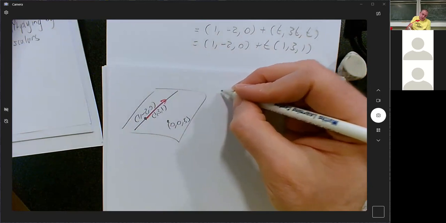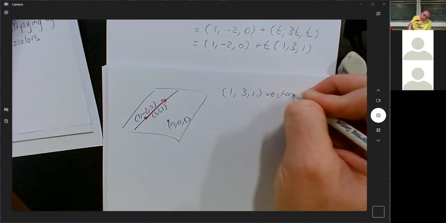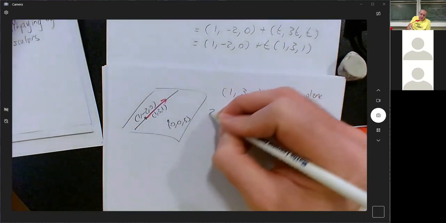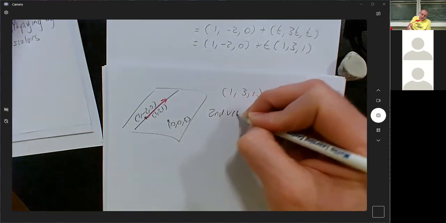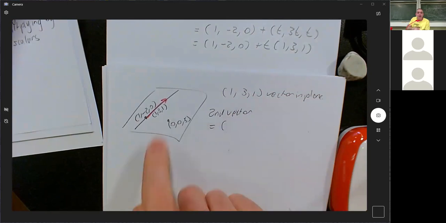So 1, 3, 1 is a vector in the plane. The second vector would be end minus beginning. It doesn't really matter which way around I do it.